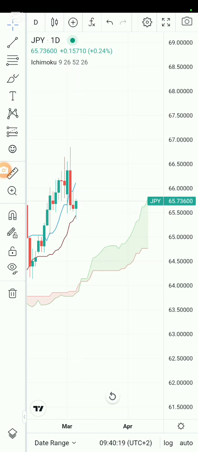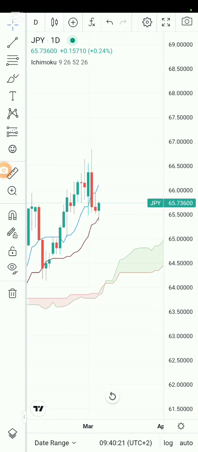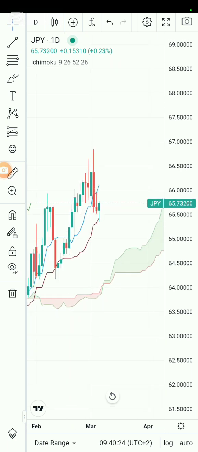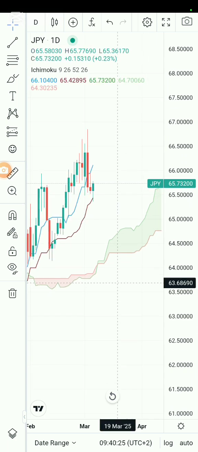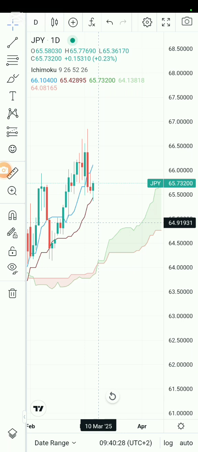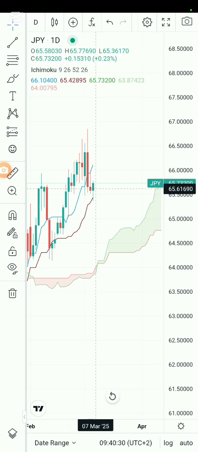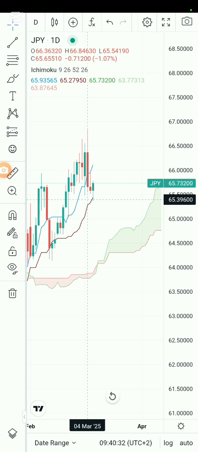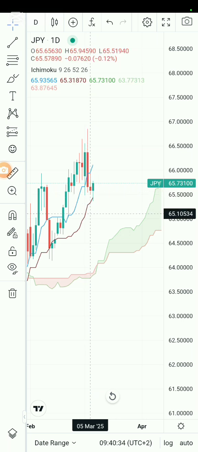Now this line here is on the Ichimoku Kinko Hyo indicator. This is called the Kijun, right? This is an equilibrium level for the past 26 periods. Anyways, price is respecting this level based on the daily time frame for the Japanese yen.